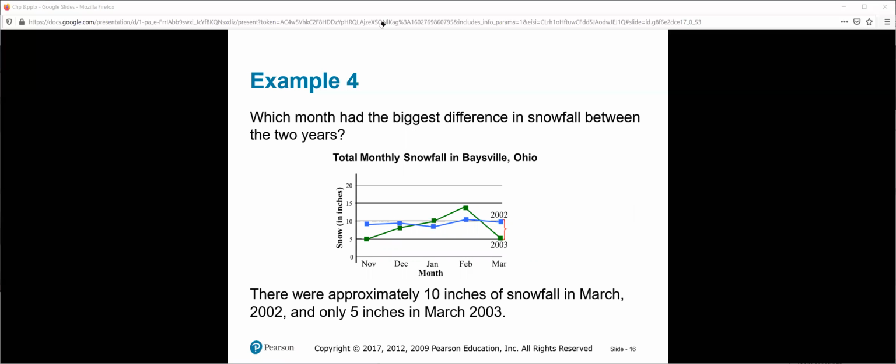The perceived slope changes. That's the interesting thing. This slope here versus, let's do pink, this slope here. That is the thing that a line graph does a lot better than a bar graph explaining. We had a massive drop off in snowfall between February and March 2003, and we had basically no change in snowfall February to March 2002.